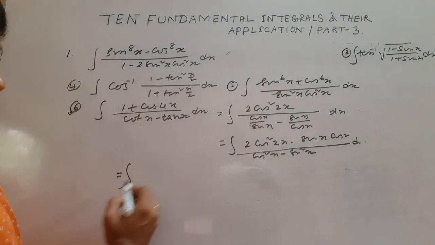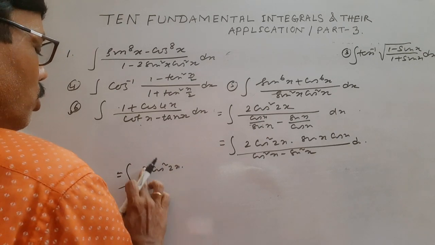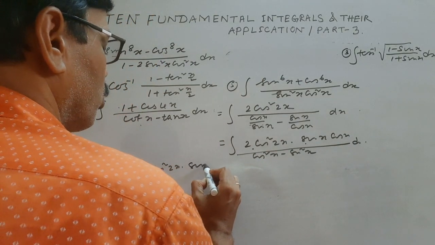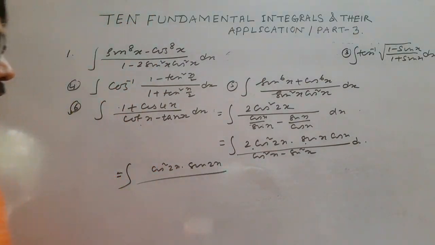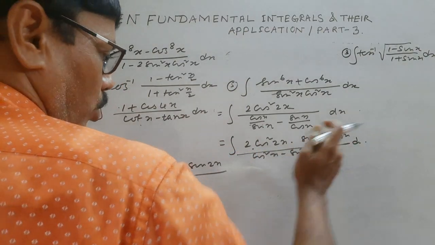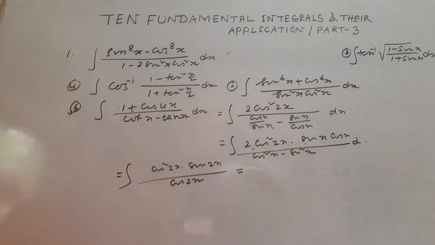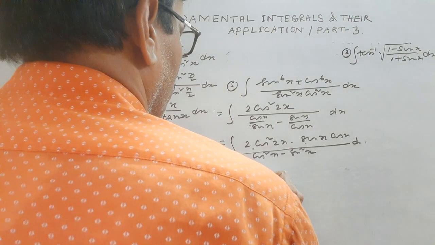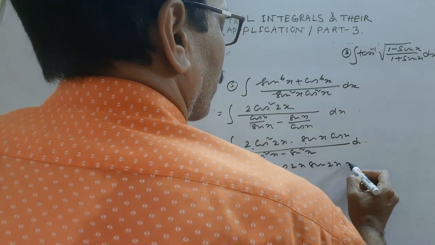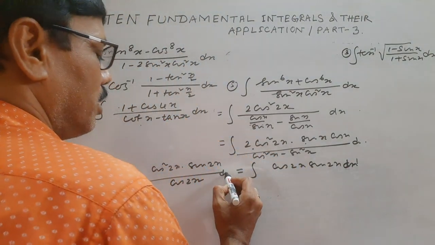So look, 2 cos square 2x. Sin x cos x, 2 sin x cos x is sin 2x. So 2 cos square 2x by sin 2x, and cos square x minus sin square x is again cos 2x. So finally what we are getting, look, cos 2x into sin 2x dx. Obviously there is a dx.